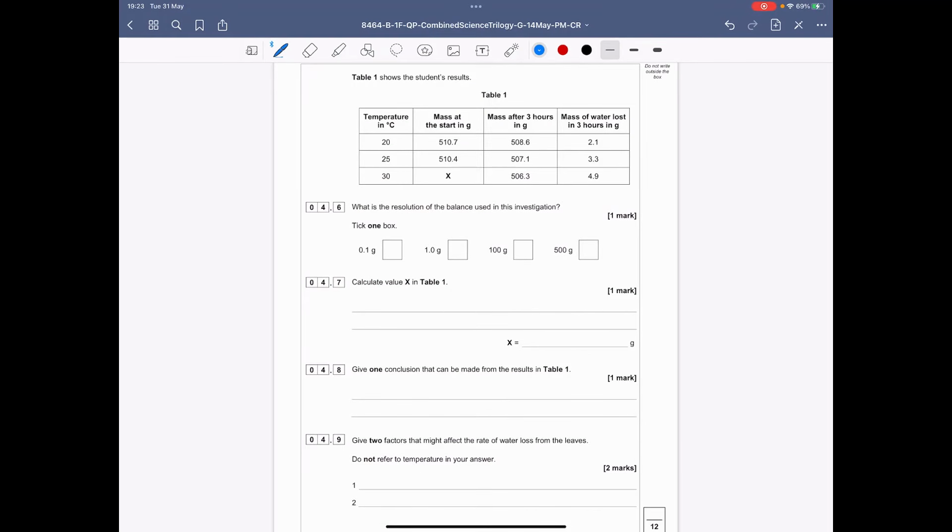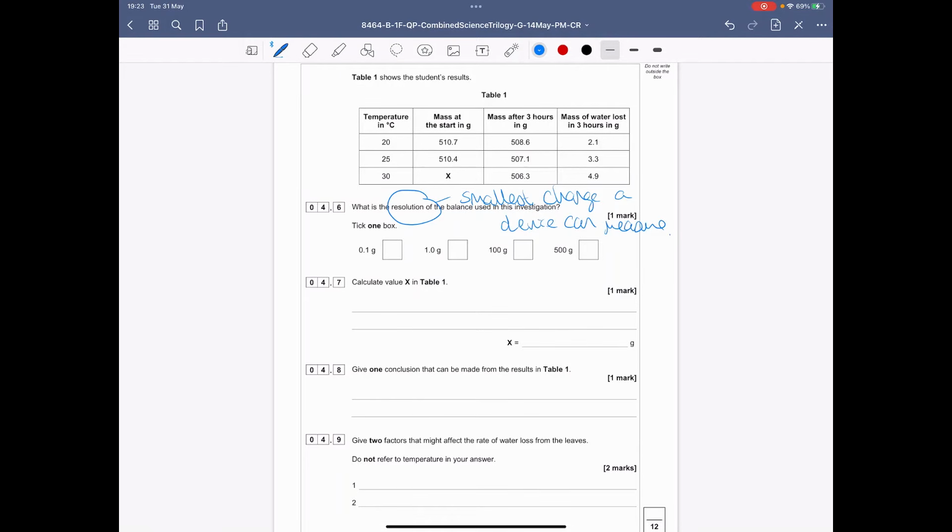Table 1 shows their results then. You've got the temperature at 20 degrees, 25 and 30 degrees. You've got the mass at the start, the mass after 3 hours, and the mass of water lost in 3 hours. What is the resolution of the balance used in the investigation? Well, the resolution of a device is the smallest change a device can measure.